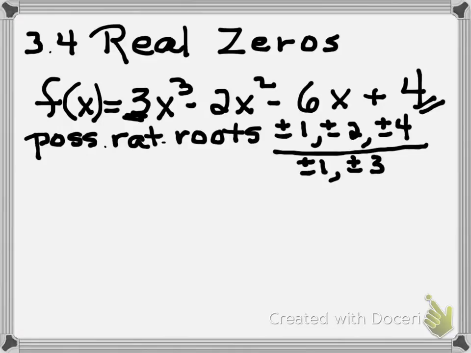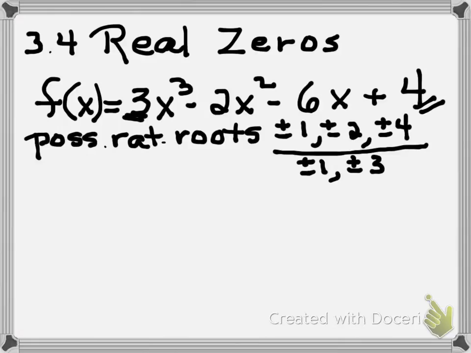Now, we're going to take a look at all possible roots that we could get. And that is by picking a number in the numerator with a number in the denominator. 1 over 1, so we have 1 as a possible root. Positive and negative 2 over 1. Positive and negative 4 over 1. Then positive and negative 1/3, positive and negative 2/3, positive and negative 4/3.